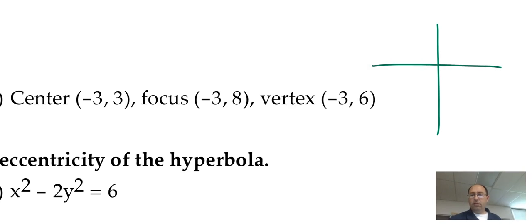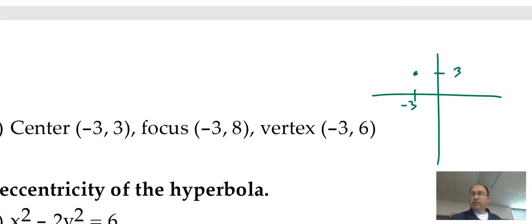Center is at -3, 3. Just kind of estimating here, folks. Focus at -3, 8. Sorry, I'm off my graph, pretty much. Not my rocker, but my graph. I know some of you would argue with me on that one, but okay.